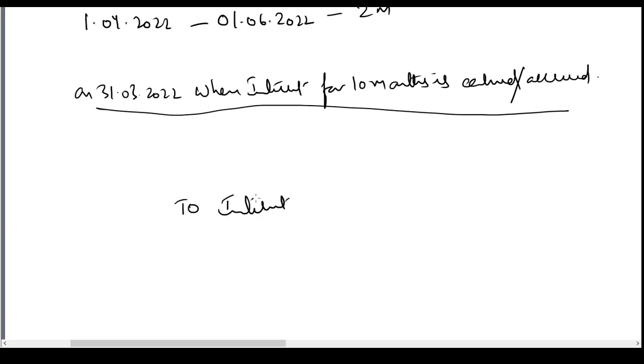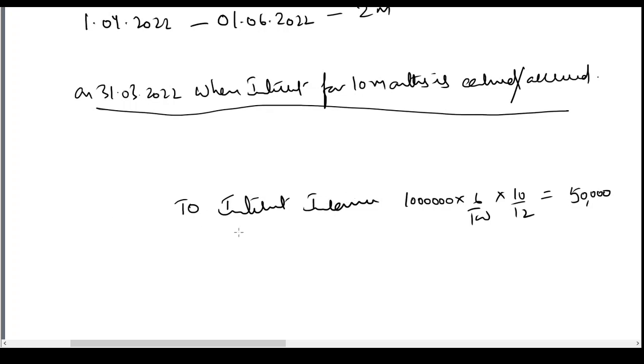We'll say to interest income, 10 lakhs into 6% into 10 by 12. So 10 lakhs into 6% is 60,000, into 10 by 12 is 50,000 rupees of interest income we are going to recognize in this period.